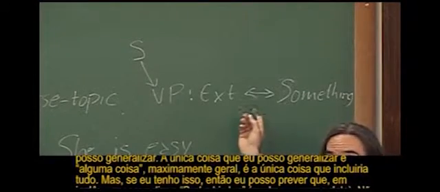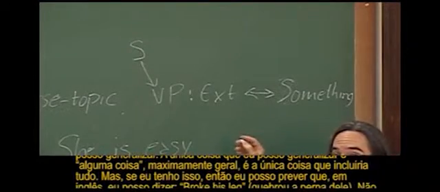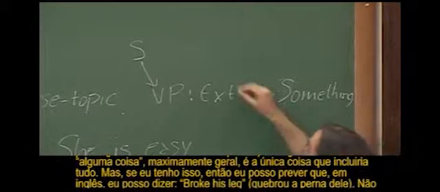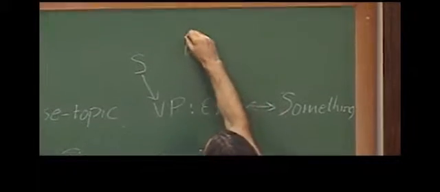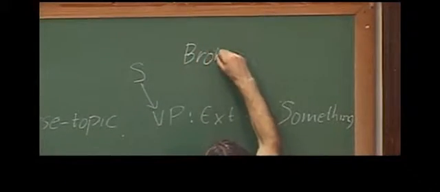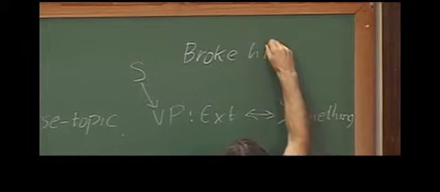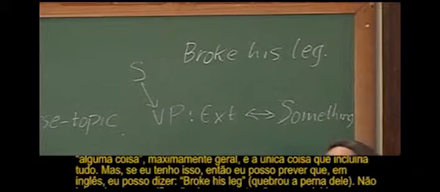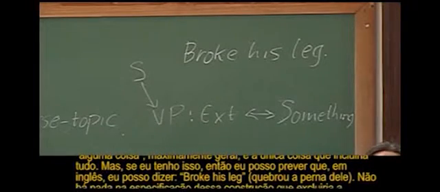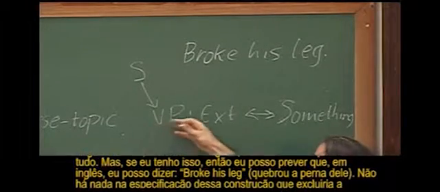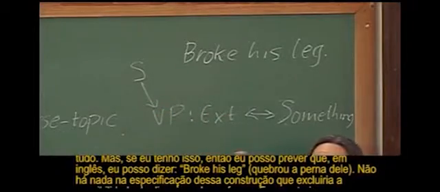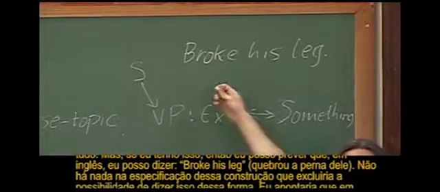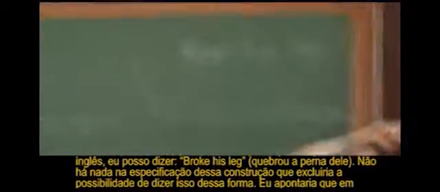But if I have this, then that would predict that in English, I can say "broke his leg." Right? There's nothing in this construction specification that would exclude saying that.